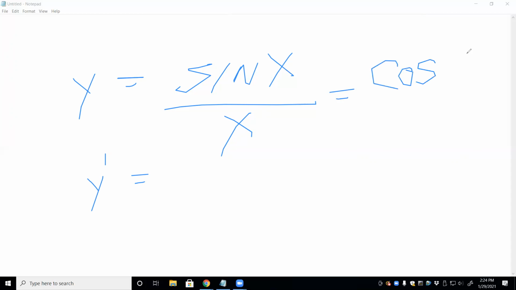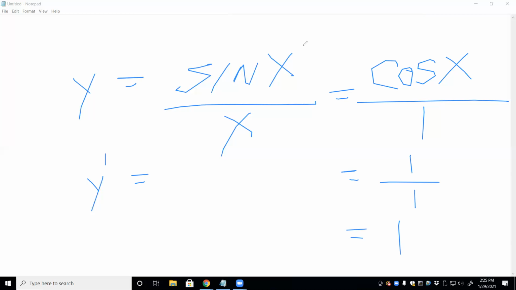I don't know, have you learned these yet? No, I haven't. And the derivative of x is just 1. And now if I substitute x going to 0, I can see that I have 1 over 1, which is equal to 1. It's called L'Hôpital's rule.